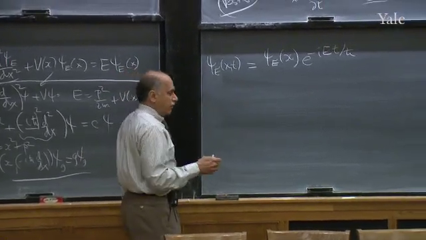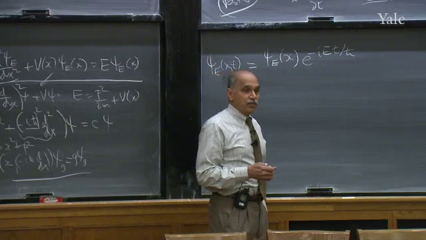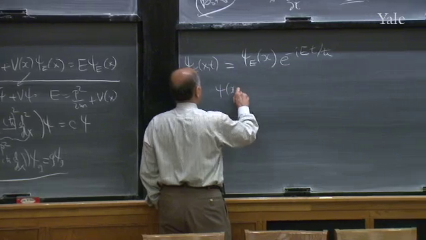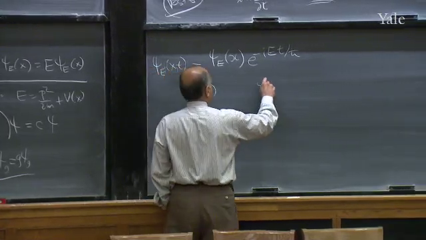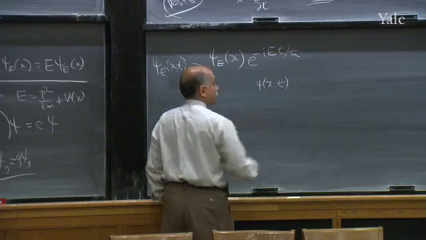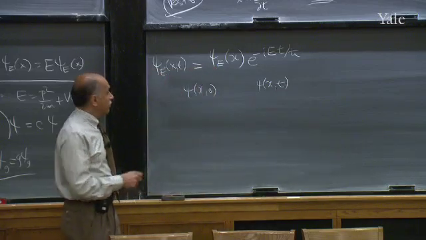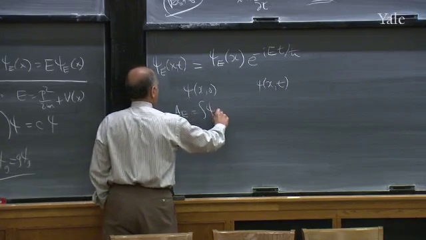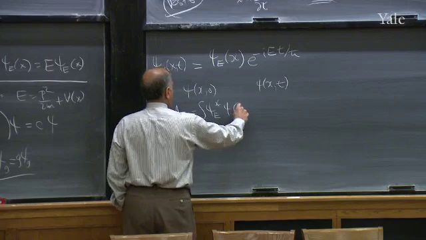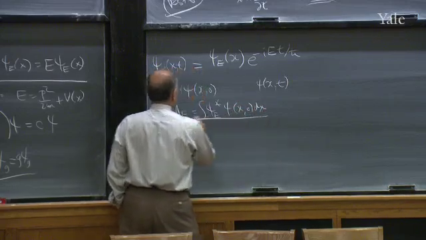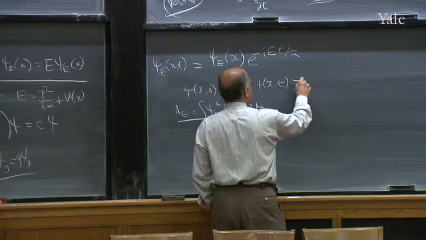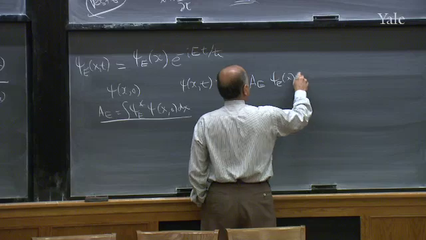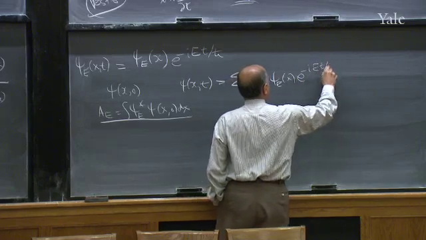So that's the case of starting in a state of definite energy. But then I said, maybe I don't want to start in a state of definite energy. I want to start in an arbitrary state. At some time 0, I'm going to give you a psi of x and 0, and I'm going to ask you, what is the fate of this state if I wait some time t? The simple answer is, take psi of x and 0, calculate a sub e, which is the integral of psi sub e star psi of x and 0 dx. And then psi of x and t is the sum of a sub e psi e of x times e to the minus i e t over h bar.